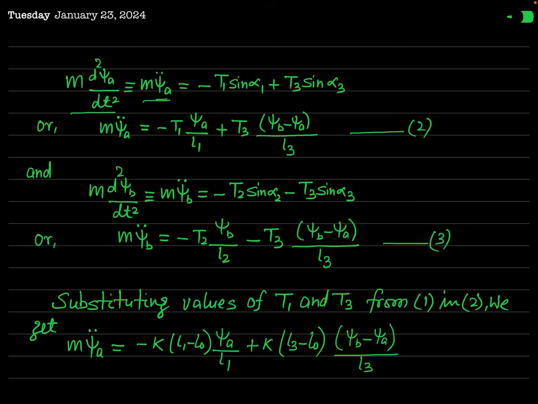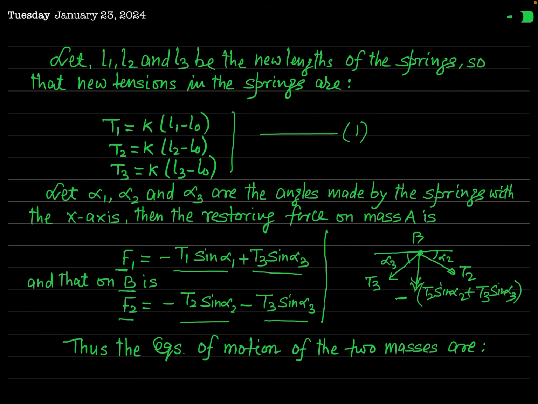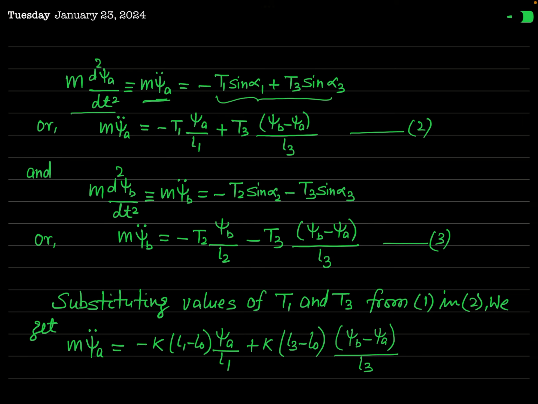According to Newton's second law, this mass times acceleration will be equal to the net force acting in the downward direction, which is the restoring force. We have seen that this restoring force is F1, and F1 is this much. So we equate m psi A double dot equal to minus T1 sine alpha 1 plus T3 sine alpha 3.